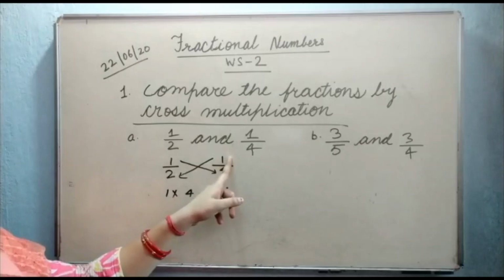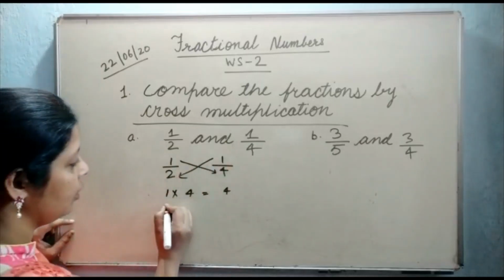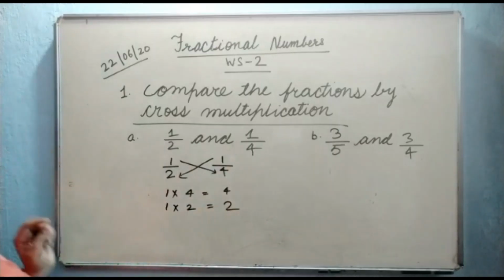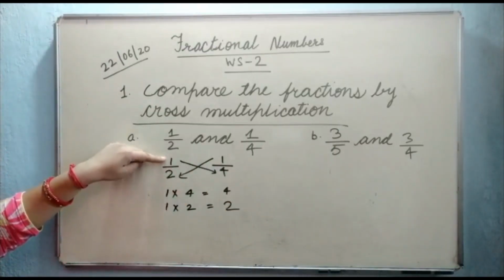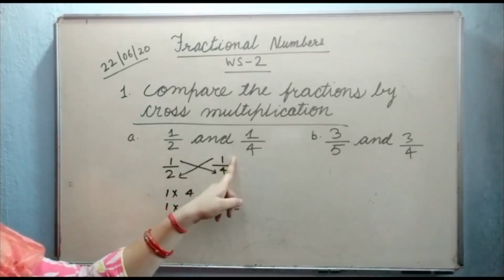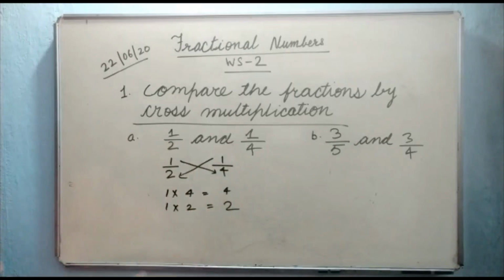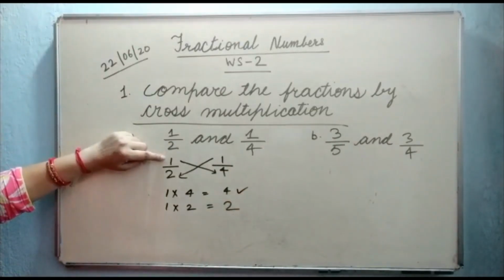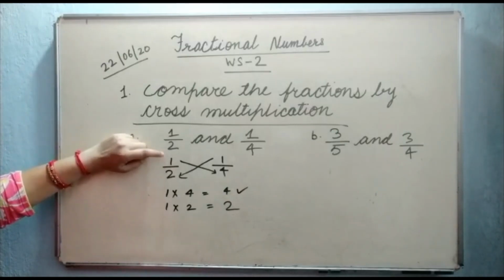So when you multiply 1 by 2, what result do you get? 1 into 2 equals 2. So you can see when you put it here you get 1 into 4 is 4, and when you put it here you get 1 into 2 is 2. This indicates that you are getting a greater number 4 when you are multiplying from this numerator.